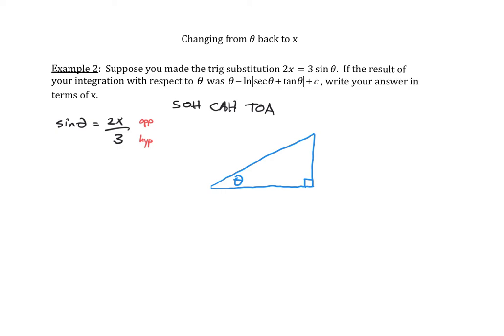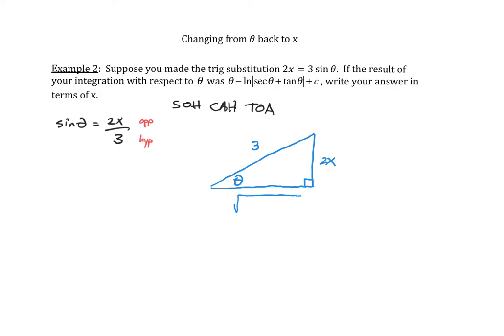So I'm going to come to my right triangle. I'm going to put a 2x where the opposite side of theta is, and I'm going to put the 3 where the hypotenuse of my right triangle is. And then I could use the Pythagorean theorem to calculate what the third side is.